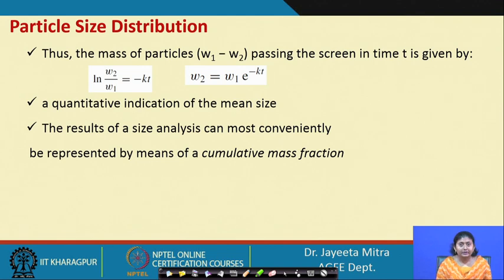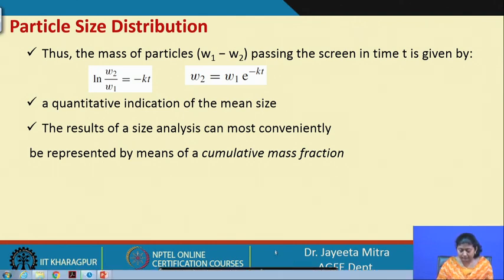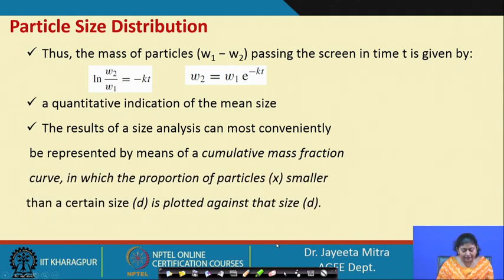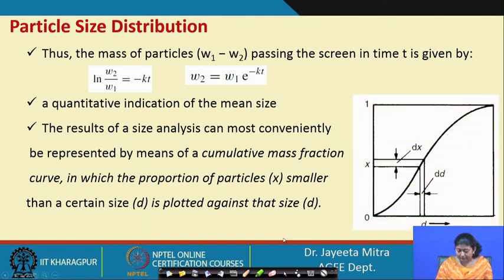So, we need to define the mixture in terms of that particular size, and the result of a size analysis can most conveniently be represented by means of a cumulative mass fraction curve, in which the proportion of the particles x smaller than a size d is plotted against the size d.